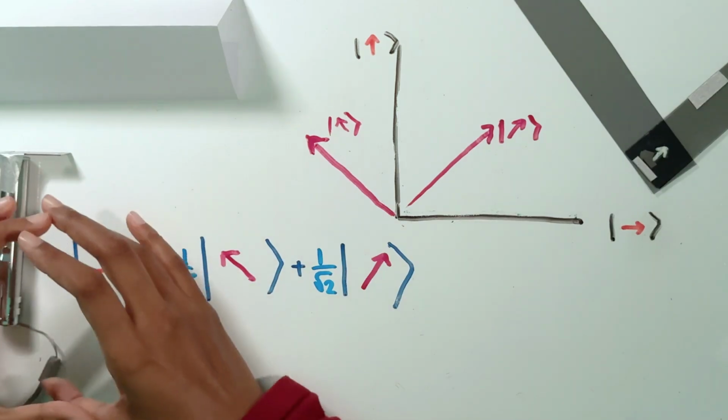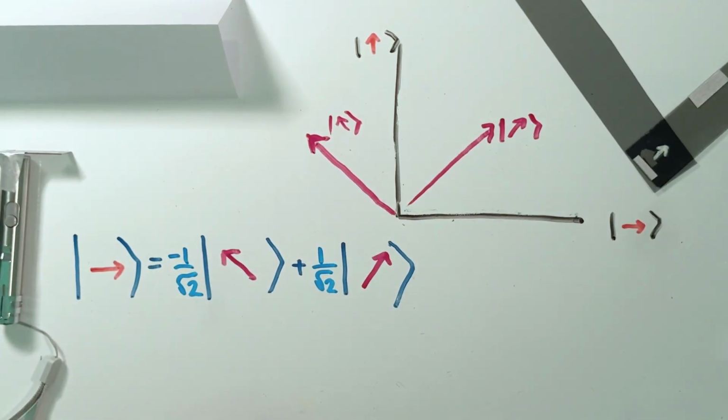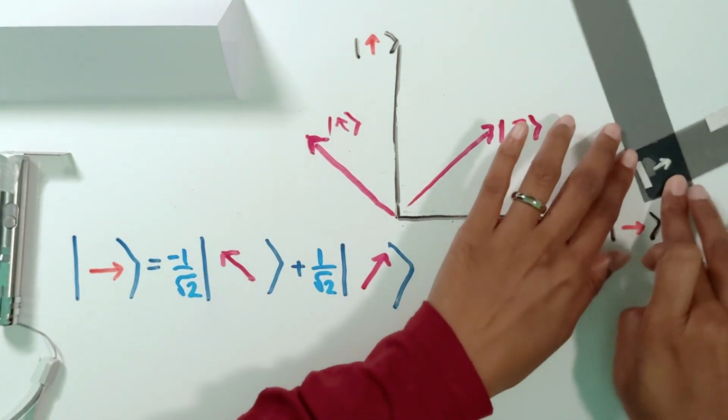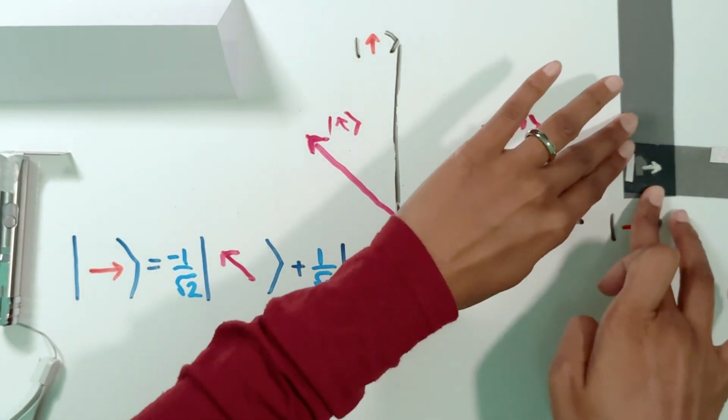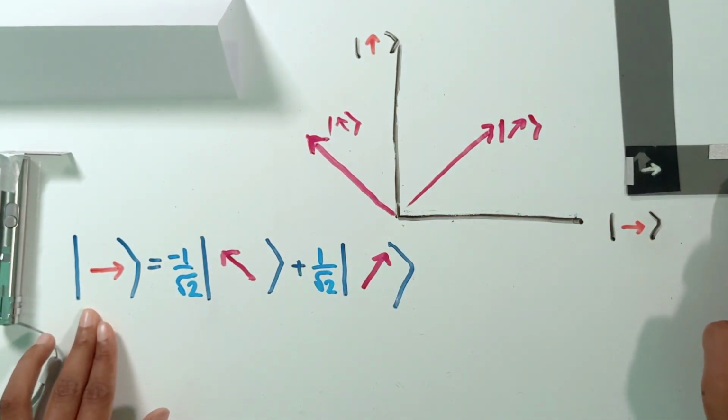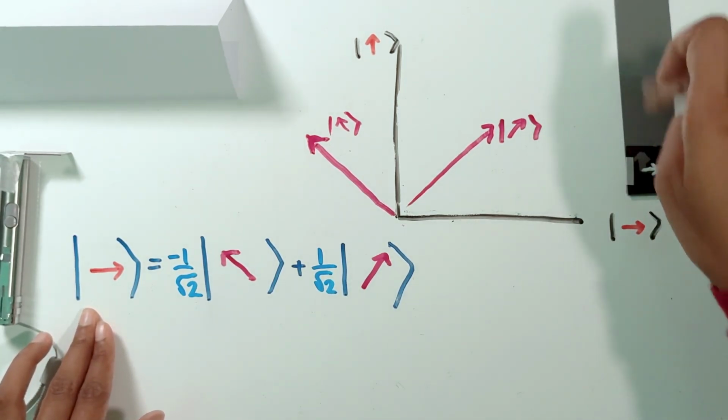I want to show you this example because this idea of changing the basis that you're looking at a vector in is really important in quantum mechanics. When you are looking at this vector just in terms of this measurement, it seemed like, oh, well, this is like a pure state, you know, it's going to 100% go through this measurement and get cancelled out by this one.